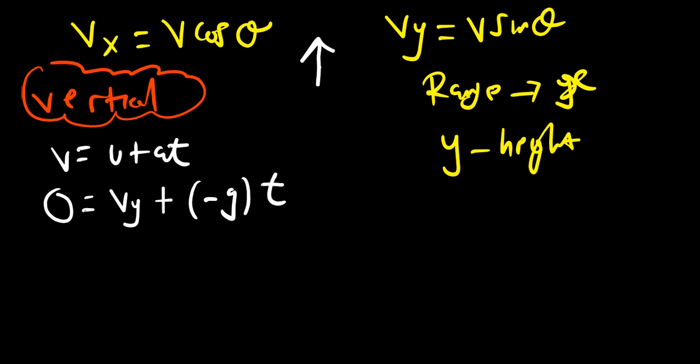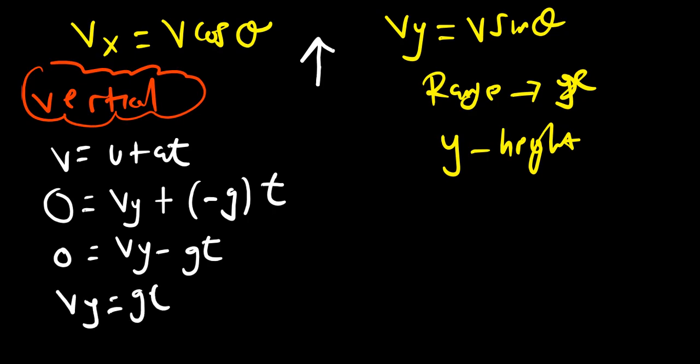Okay, so now what are we going to have? We're going to have 0 is equal to Vy minus gt, like that. If we make Vy the subject of the formula, it will just be Vy is equal to gt. Now let's make t the subject of the formula.